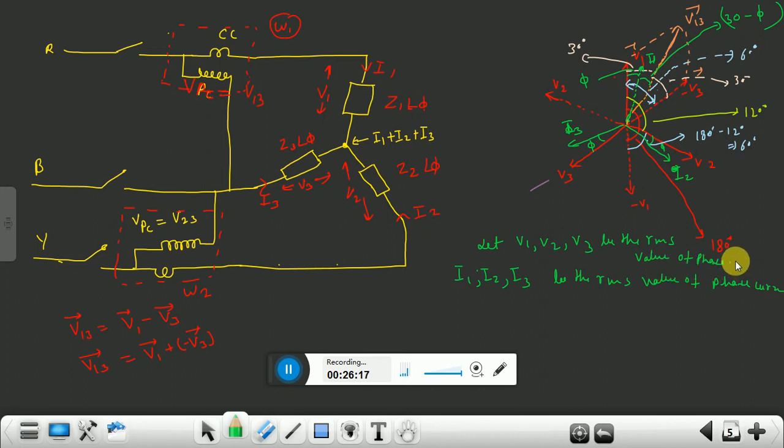For the balanced load condition, V1 equals V2 equals V3 equals V. These are the phase voltages.